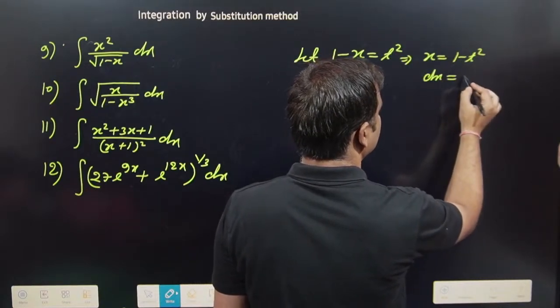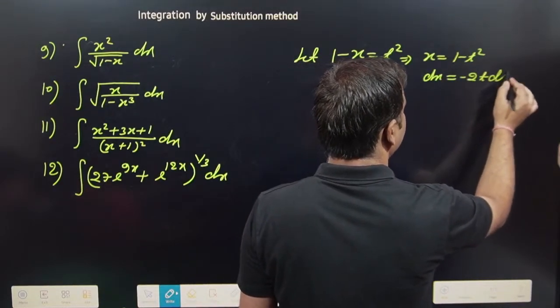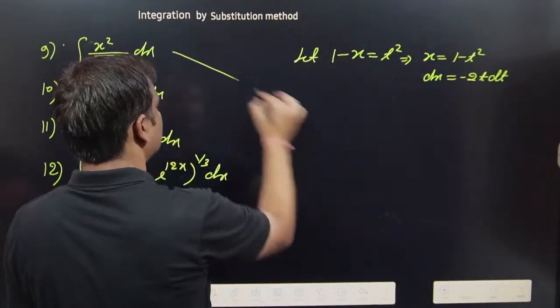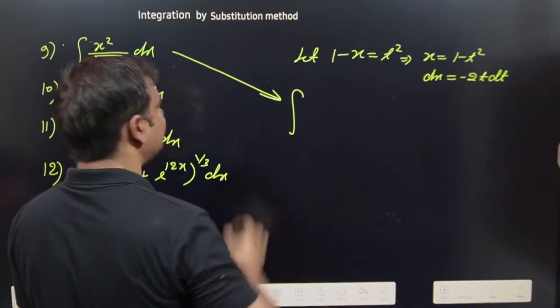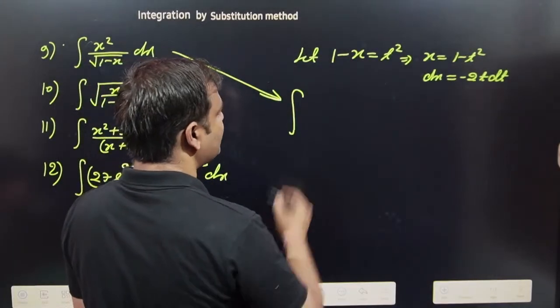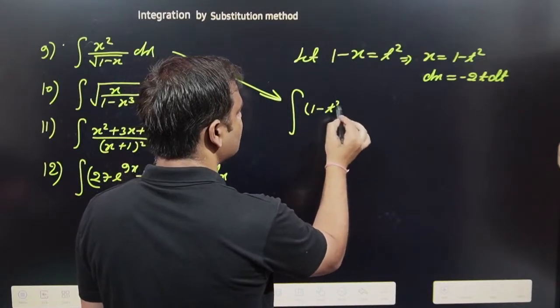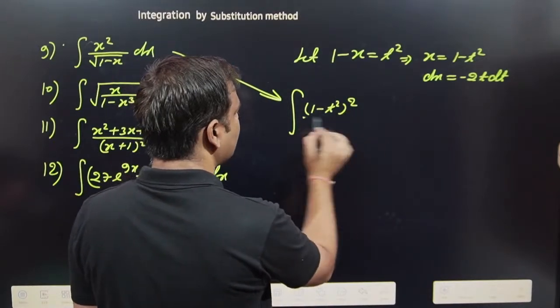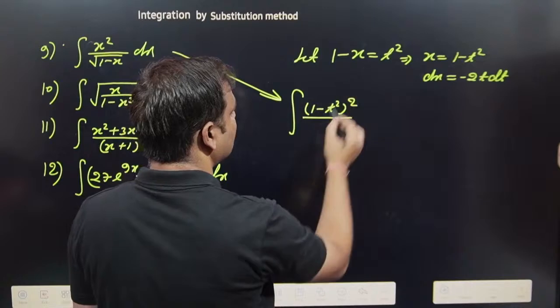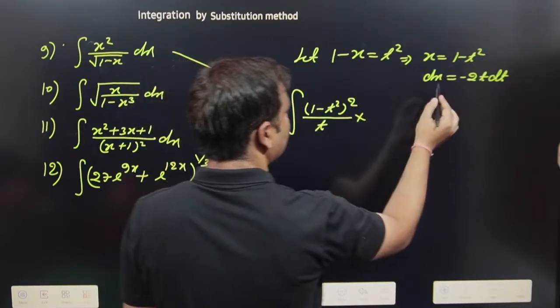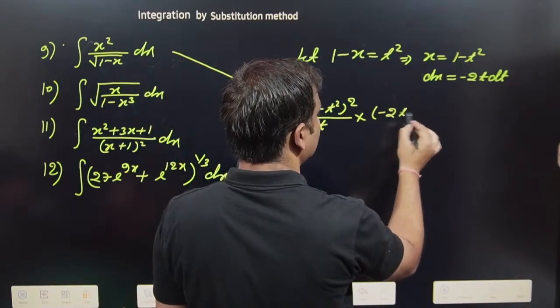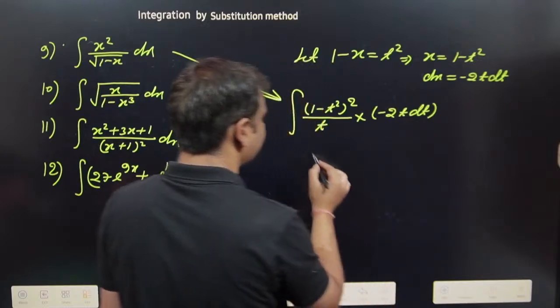Dx is replaced to minus 2t dt. So it is written x square, basically (1 minus t square) whole square, divided by t, and dx replaced to minus 2t dt.